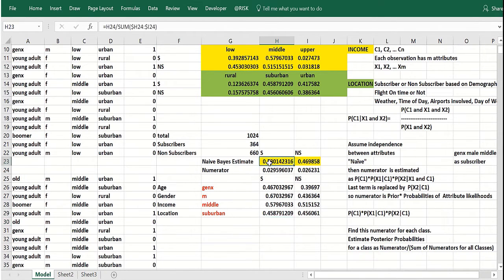So basically, we would get right here the naive Bayes estimate of the numerator for a subscriber. Take the product of the likelihoods for subscribers, then subscribers divided by total is the prior probability of subscriber.